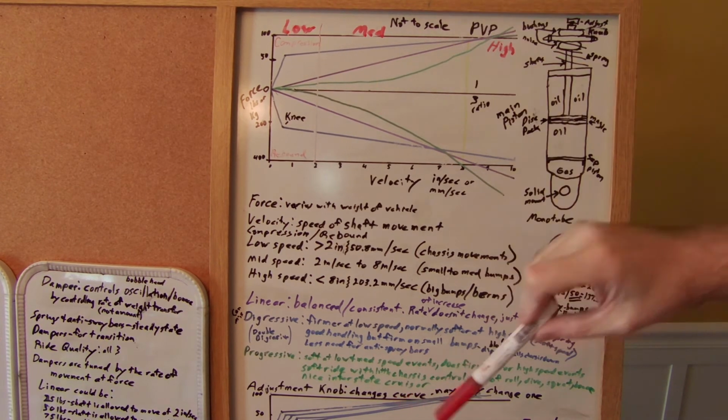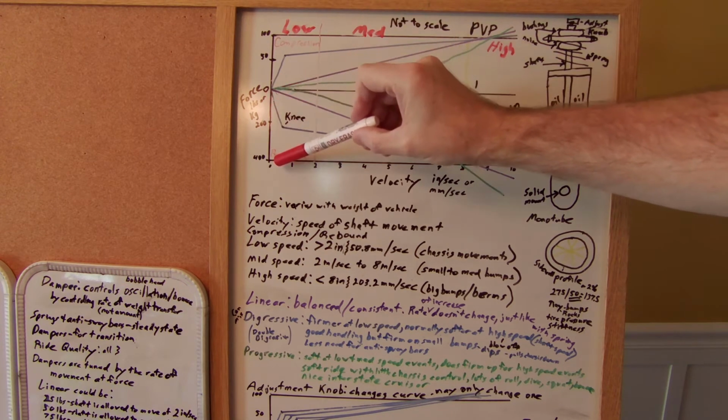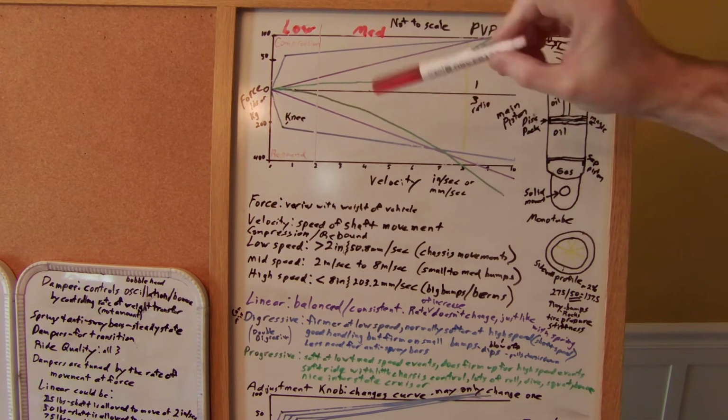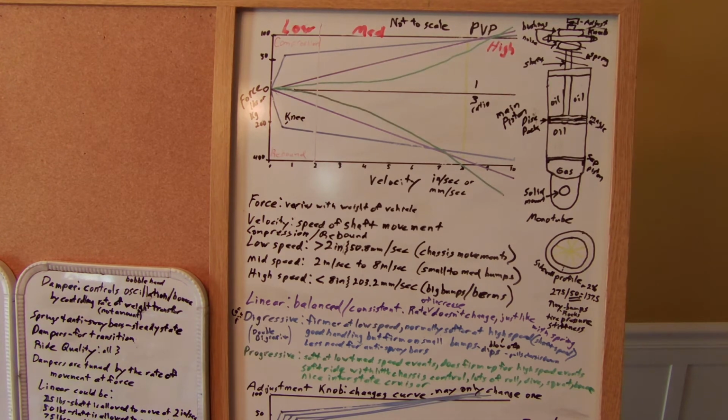So in this case, in my example, I just did for compression 50 to 100, and then for rebound I did 0 to 400. Again, it's not to scale, but those numbers could be much higher for a heavier vehicle, or lighter if there was one lighter.